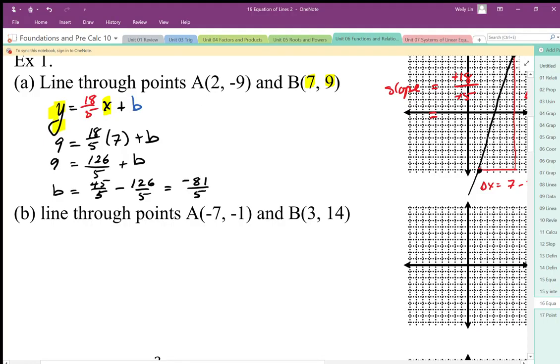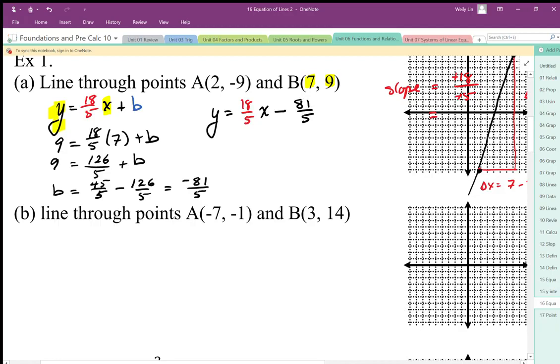Okay, so then my equation of the line, I've worked out to be y equals 18 over 5, which is the same as 3.6, times x minus 81 over 5.